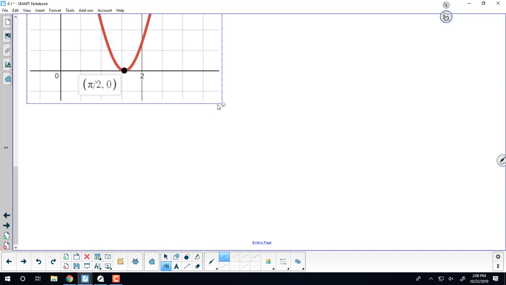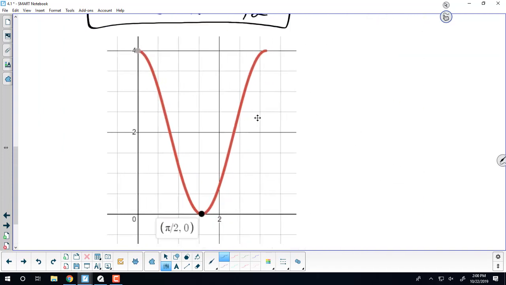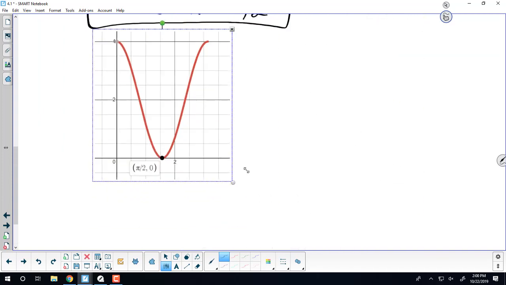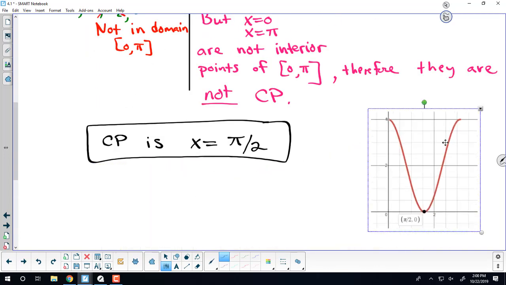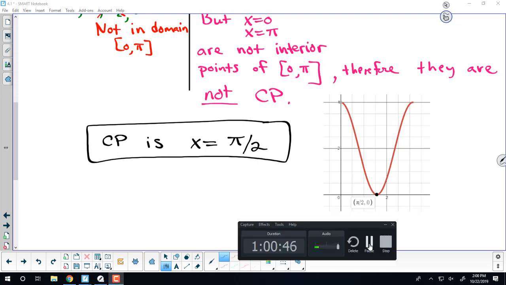To locate where these local extremes are, finding the critical point is half of it. Does anyone have any questions so far? All right. We'll take a break and look at a few more examples, and then we'll look at absolute maximums and minimums.